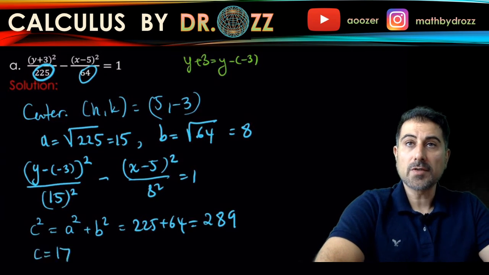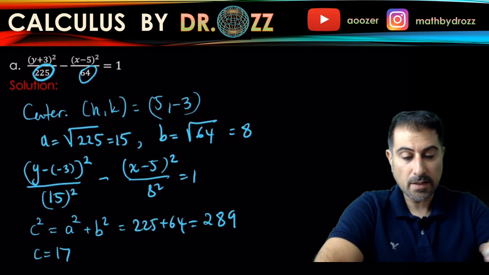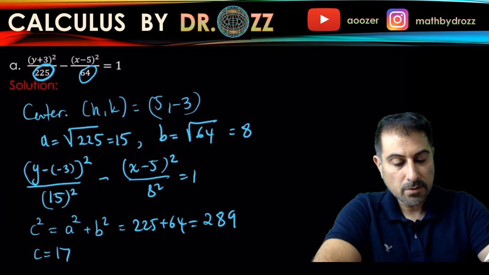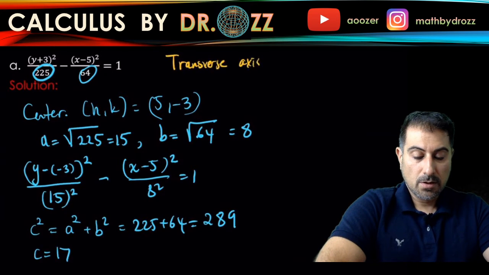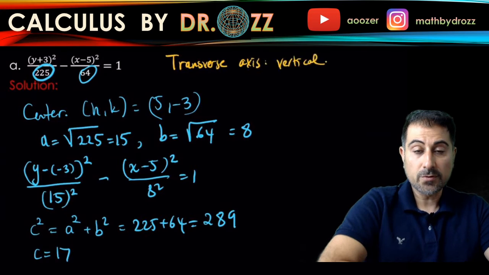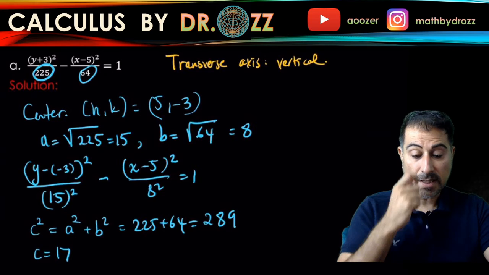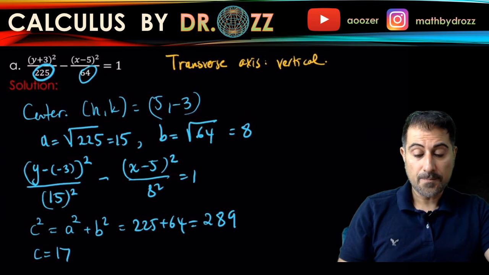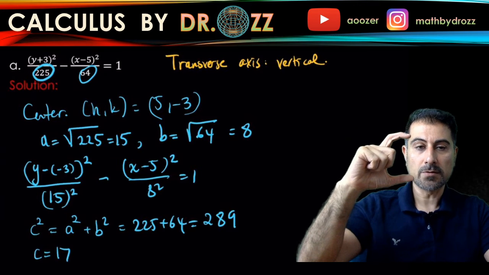All right, we have almost all ingredients, and remember that the transverse axis is vertical. Let me just write that down here. Transverse axis is vertical. So that means the foci and the vertices are going to be lined up in the y direction. If the center is 5 and -3, we're going to find the locations of the vertices by going 15 units apart from the center in the y direction, up and down.